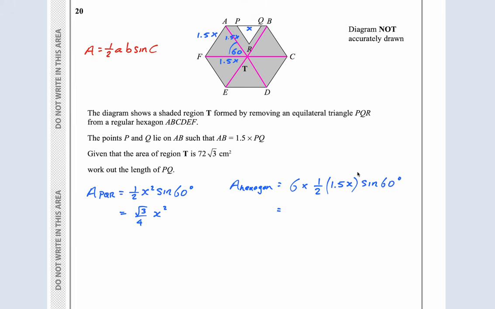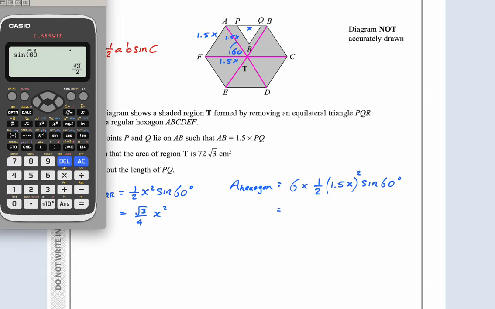Sorry, this is squared, so it's 1.5x times 1.5x. Now I'm just going to do the numbers with the calculator. So it's sine 60 times 1.5 squared times a half, which is 0.5, times 6, which is 27 root 3 over 8.